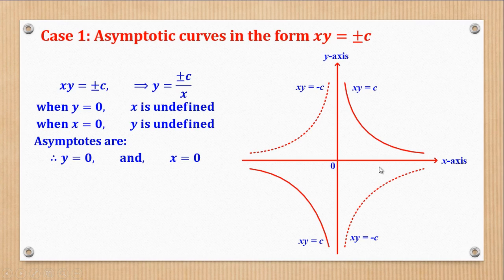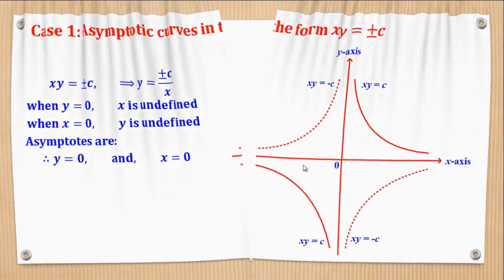On the other hand, for positive values of x, when I put a positive value here, I'll get a negative value of y, implying that the curve will be below the horizontal asymptote. So in that case, a curve of xy equal to negative c will be this and this. I think we realize that it does not touch this vertical asymptote, and also it does not touch this horizontal asymptote.